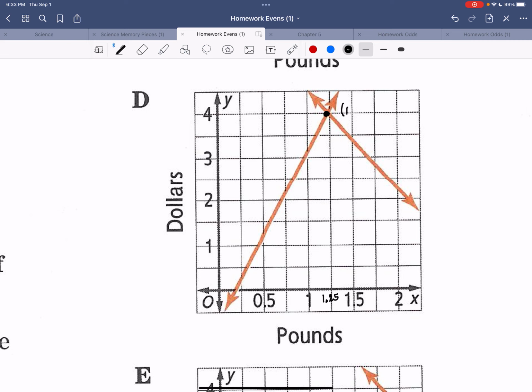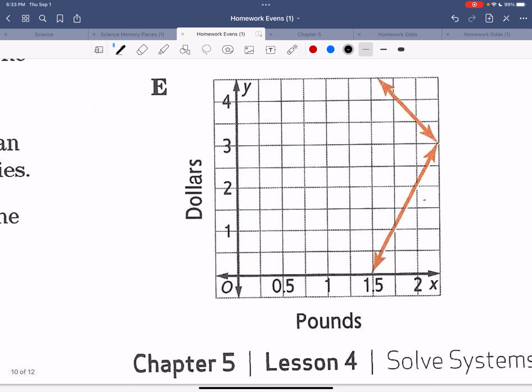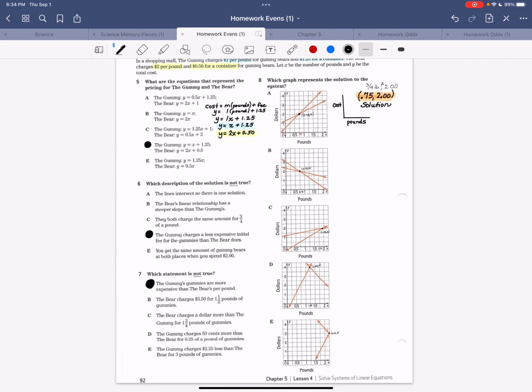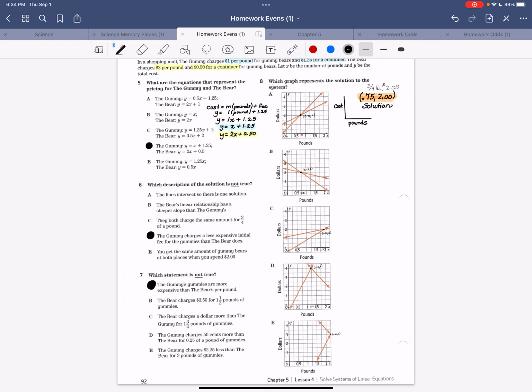I'm just going to round it because this is not the answer, but we still need to plot it. This one, they don't actually touch, but they would if they kept going right there. So this one is saying that 2.25 pounds cost $3. All right. So we can eliminate C, D, and E. The points do not match. So I can get rid of C, D, and E.